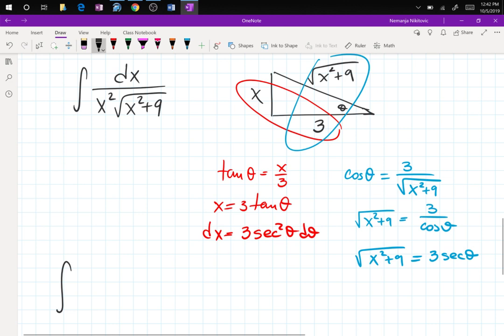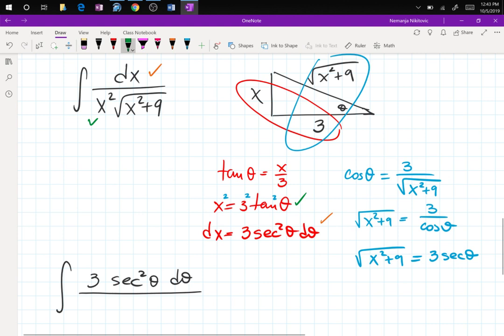Integral. Dx on the top, marked with orange, is the dx, which means 3 secant squared theta d theta. Divided by, I have x squared. Therefore, I'm going to square the x, square the 3, square the tangent. I'm going to label that green over here.